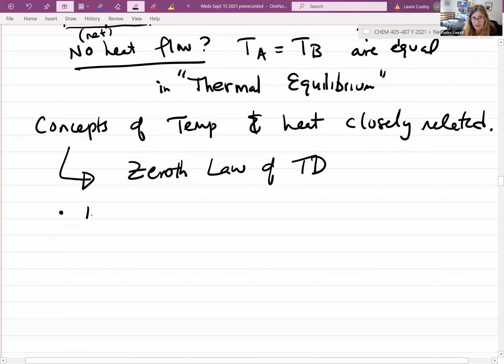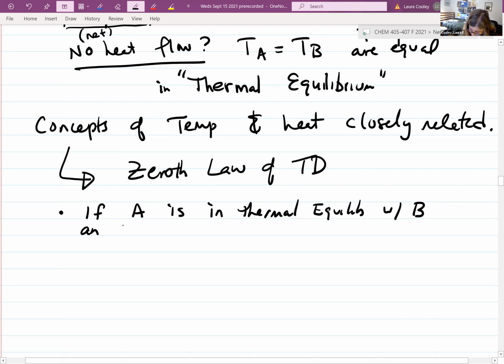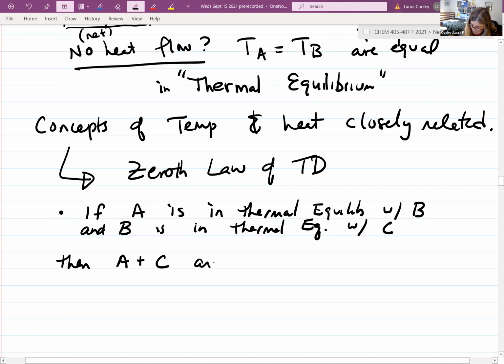So here's my go at the Zeroth Law of Thermodynamics. It's like transitivity of temperature in a way. If A is in thermal equilibrium with B, and B is in thermal equilibrium with C, then A and C are in thermal equilibrium.